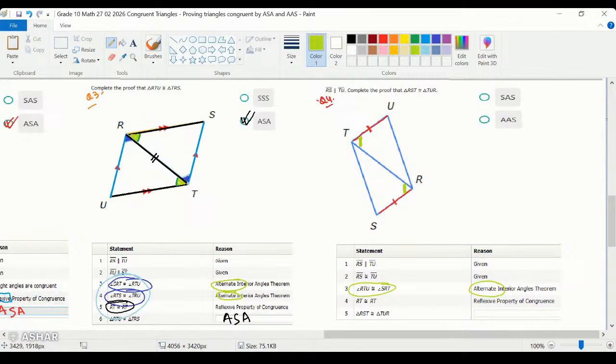So what information is given to us? A parallel line is also given. They are saying RS is parallel to TU. That means that these two lines are also parallel. That's why they are alternate interior angles. So which property can be applied?